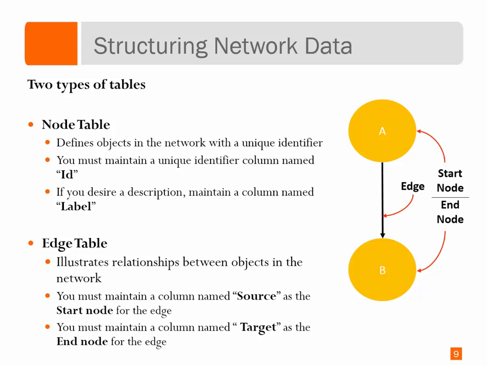We're going to include the unique identifier of the source, in this case node A, and then our target, or the end node, which in our example would be node B. So we might have in our edge table a 1 to 2 source to target relationship, describing that particular edge or link between A and B.